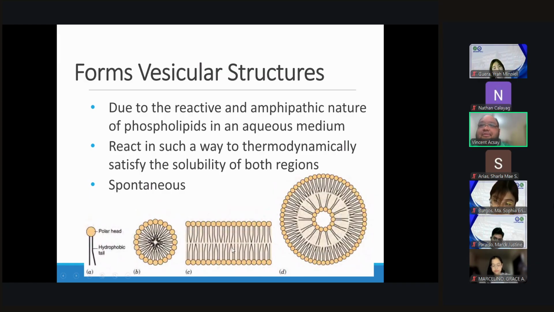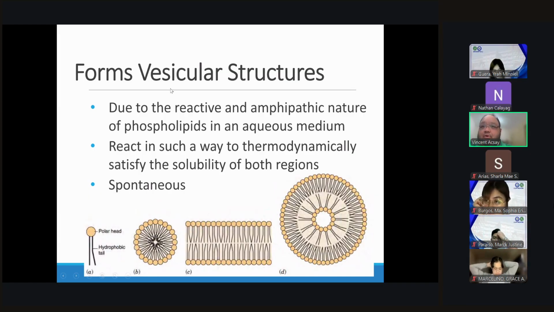So free phospholipids or free sphingolipids in solution do not have a thermodynamically stable configuration. But if you have enough of them, they are able to interact with each other, because polar interacts with polar and non-polar interacts with non-polar.